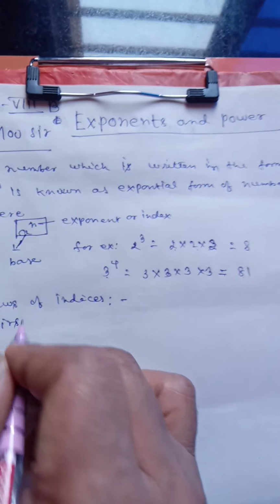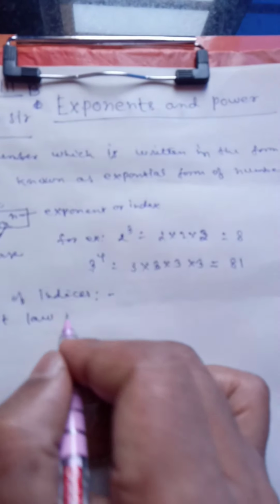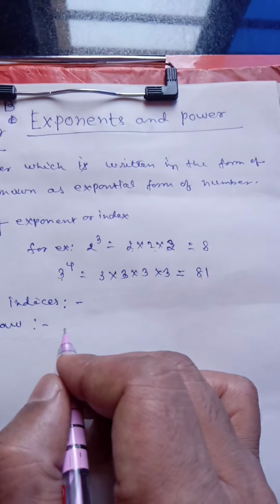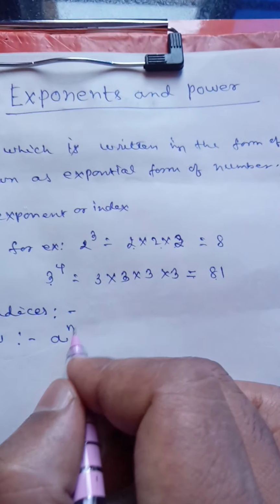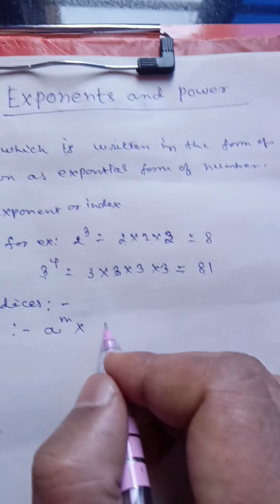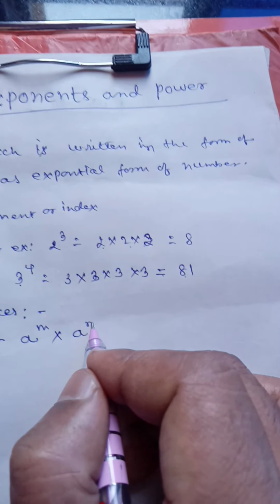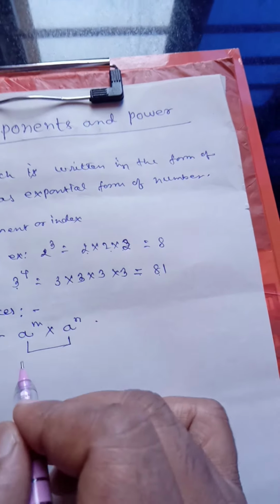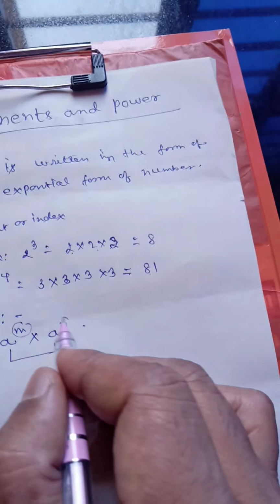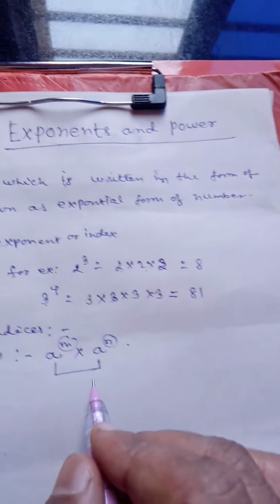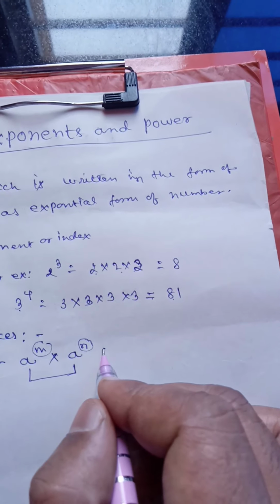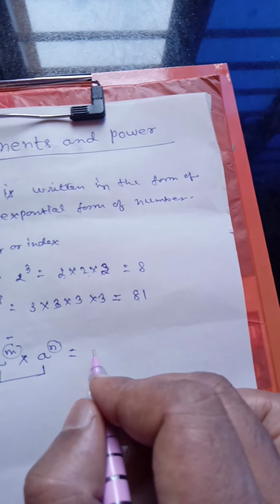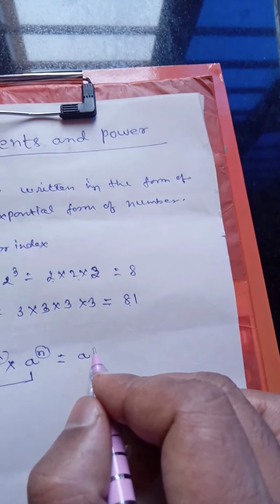The first law: if there is a raised to power m into a raised to power n, here we see that the bases are the same but the powers are different, and there is a sign of multiplication, so you write a raised to power m plus n.